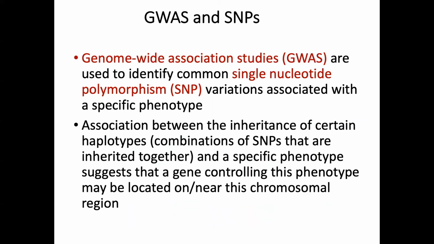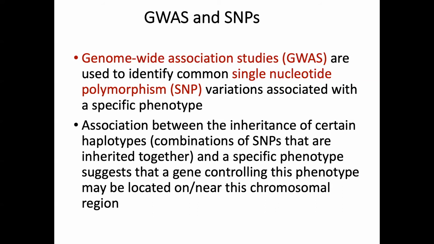We learned SNP before, and we know that in order to identify SNP, we need to sequence the DNA, right? So many SNPs were identified through a study called GWAS, okay? That's genome-wide association studies. GWAS is an approach used in genetics research to associate specific variations with particular diseases.